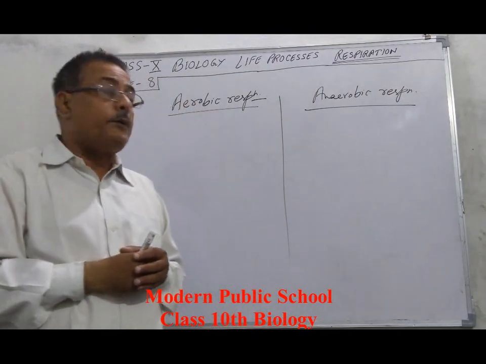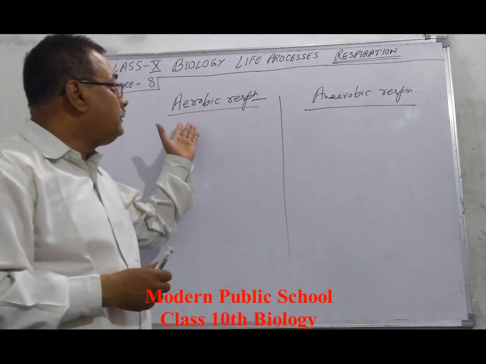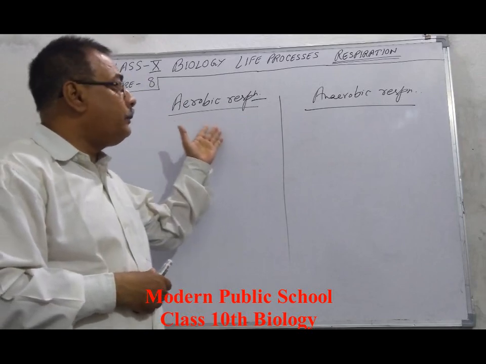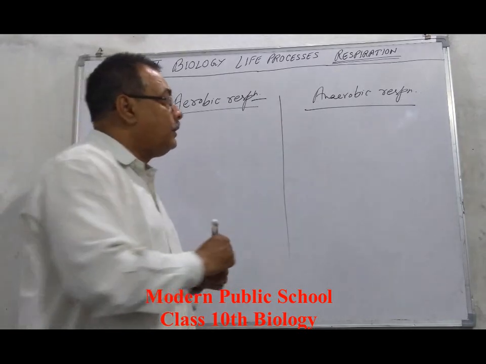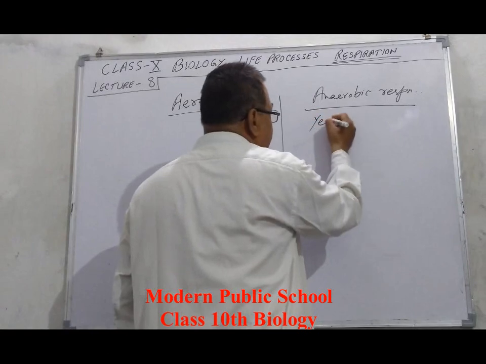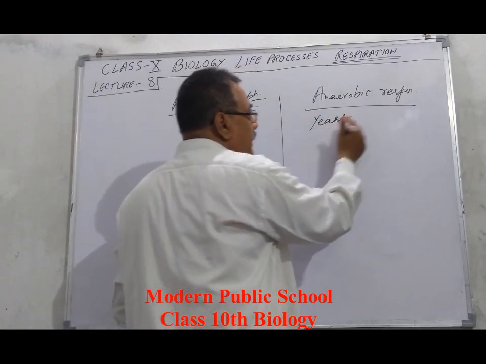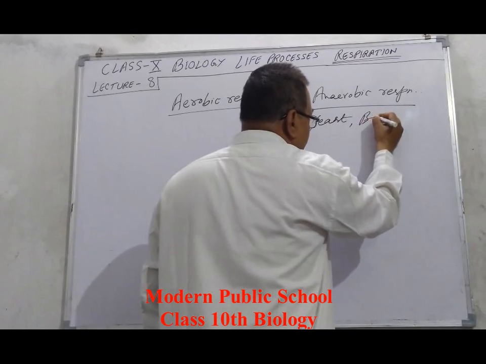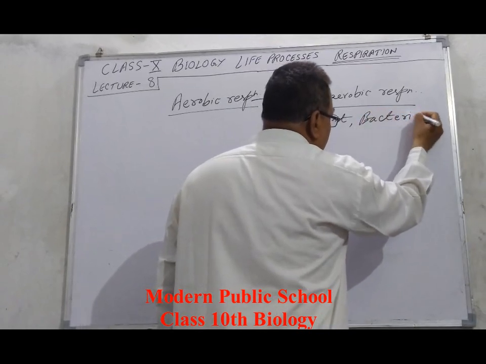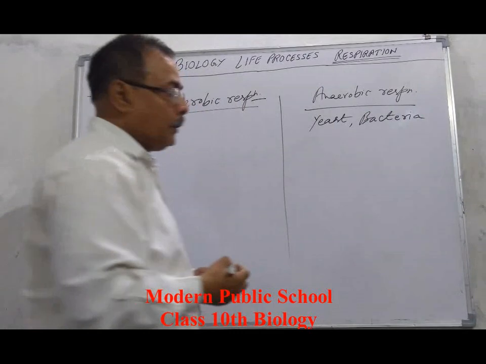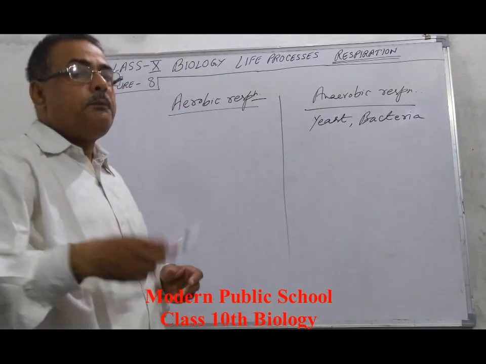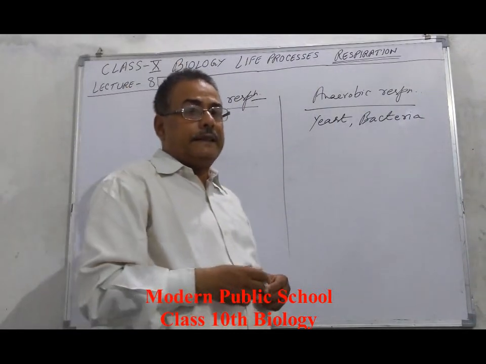Most of the organisms respire with the help of aerobic respiration. But, for example, yeast, which is a unicellular fungus, and some bacteria are anaerobes. That means they perform anaerobic respiration.